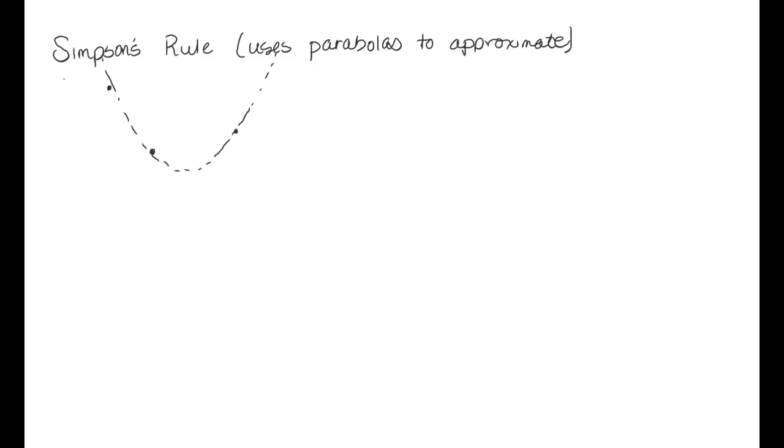Remember, parabolas have the form y equals ax squared plus bx plus c, and there are 3 parameters in here, the a, the b, and the c. So we need 3 points to determine a distinct parabola.